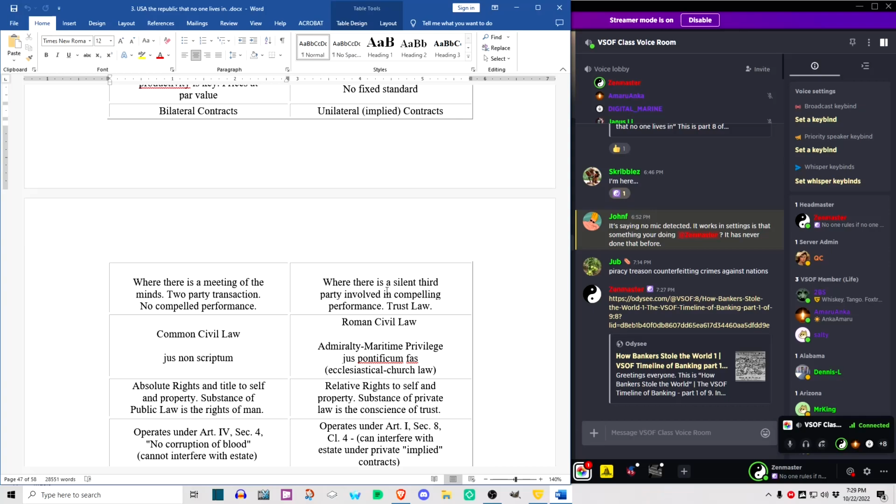This whole entire thing is a constructive trust. However, put up your hand and say, wait a second, you are administering the res of my estate in that constructive trust. Now, I do not consent for you to administer any part of my estate.